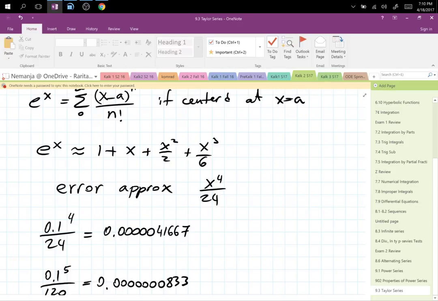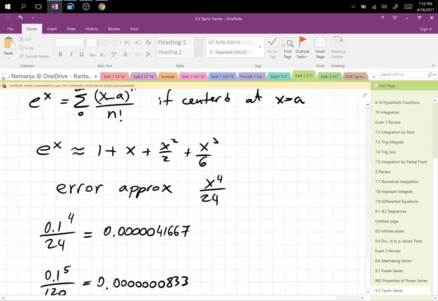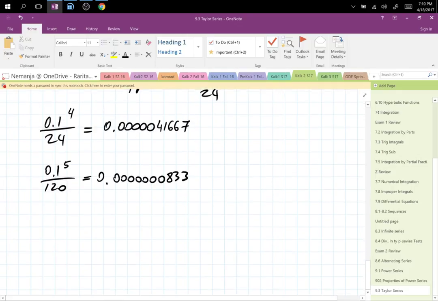But imagine how much easier it is to work with this polynomial in terms of integrating and differentiating and doing everything else than to work with some crazy e to the something. Well, e is very easy to differentiate and integrate, but still.